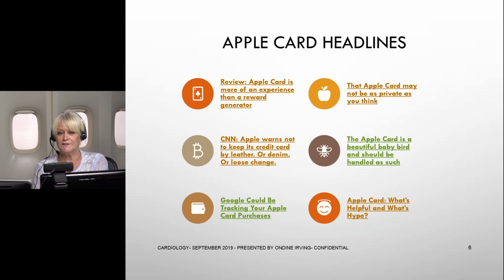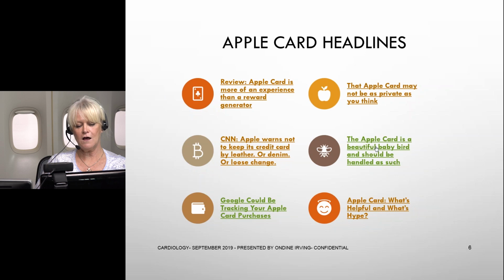Google, this is pretty new. Google could be tracking your Apple Card purchases. Not could, it's going to be would. The Apple Card may not be as private as you think. I love this one. The Apple Card is a beautiful baby bird and should be handled as such. An Apple Card, what's helpful and what's hype.